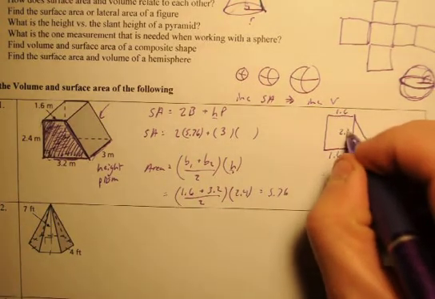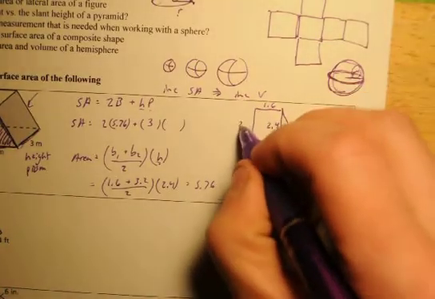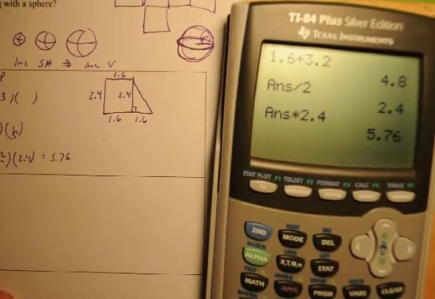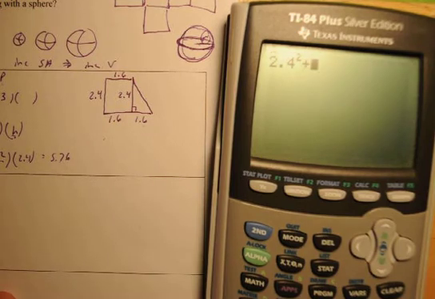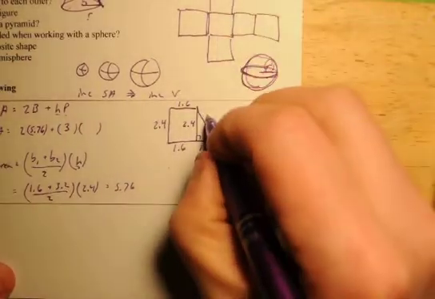This is 2.4. I've got to figure out what this length is right here. So I'm going to use the Pythagorean theorem real quick. I'm going to use 2.4 squared plus 1.6 squared, and then I'm going to do the square root of that. 2.88 roughly. We'll call it 2.9.